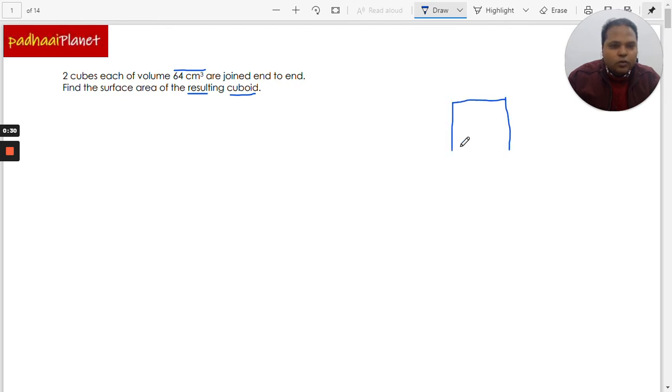the cubes and the new cuboid would look like. So suppose this is our cube, right? This is a cube. Now they're saying the volume of the cube is given as 64 cubic centimeters.